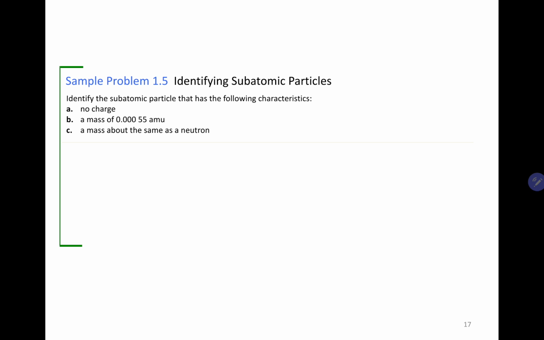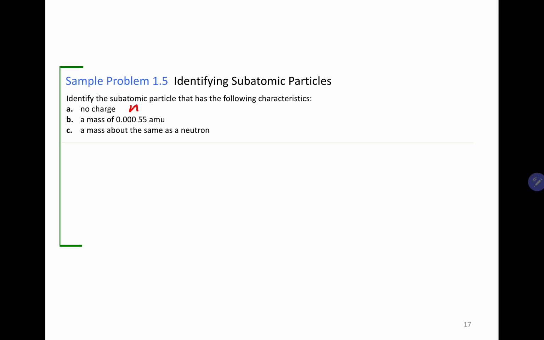No charge. What subatomic particle has no charge? It's the neutrons, right? Neutrons have no charge, so the answer is neutrons. What is the subatomic particle that has a mass of 0.00055 AMU? That is a very small, very lightweight subatomic particle.